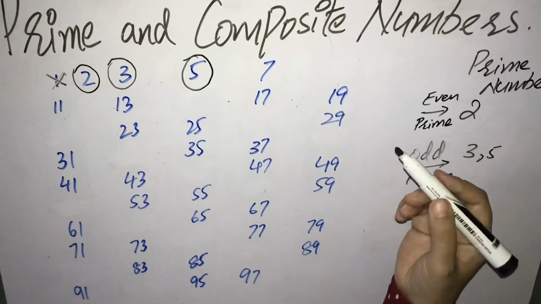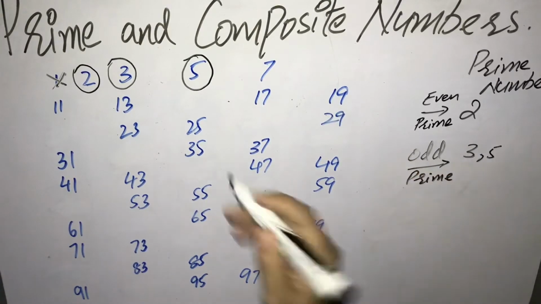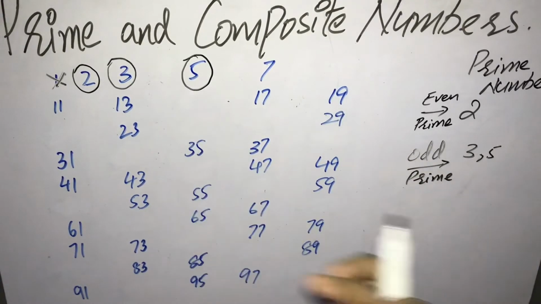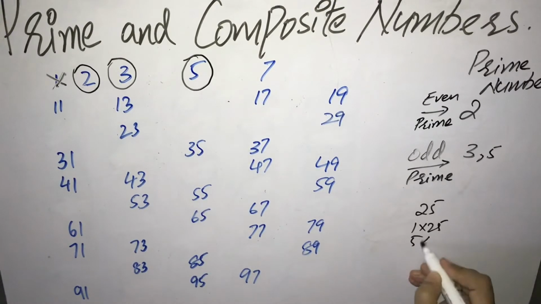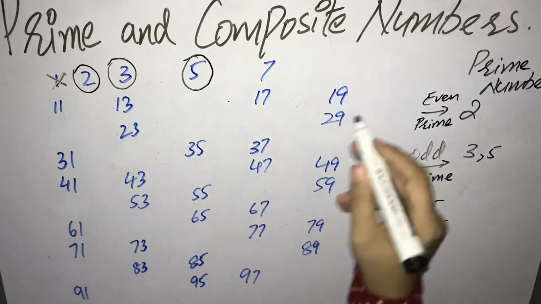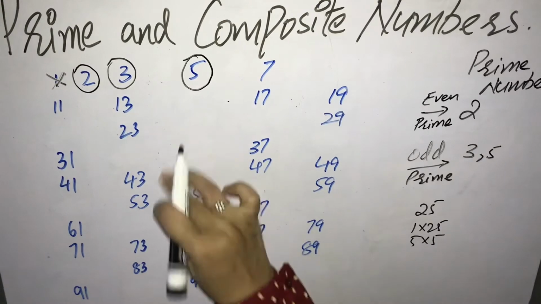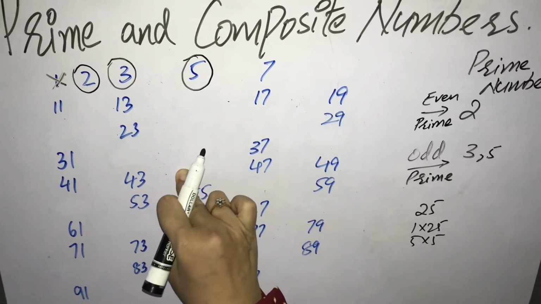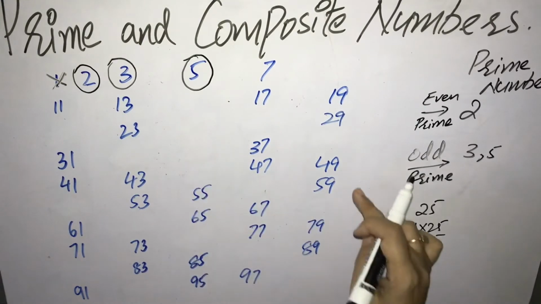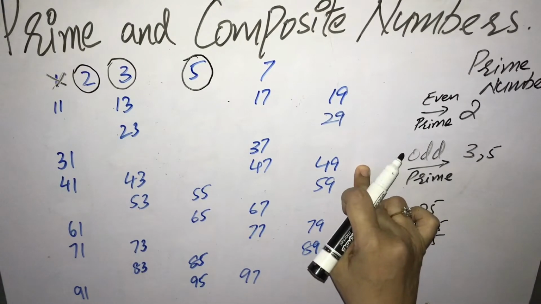20 erased, it was in the table of 2. 25 we erase, composite number, it has 1 into 25, 5 into 5, so it has more than 2 factors. After 25, 30, then 35, 40, 45 already erased because it was a multiple of 3. 50 already erased, it was a multiple of 2.